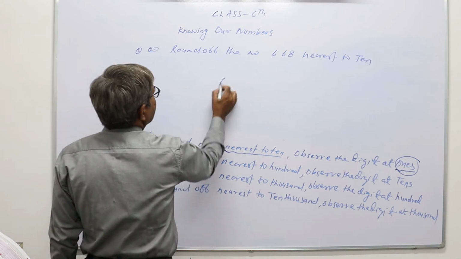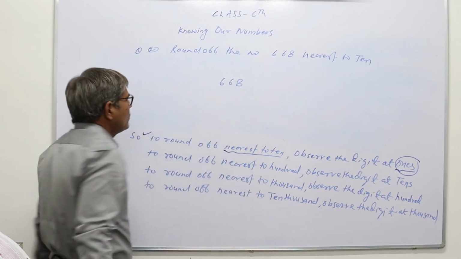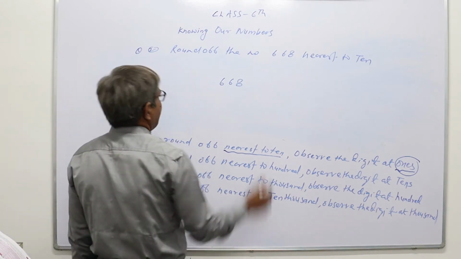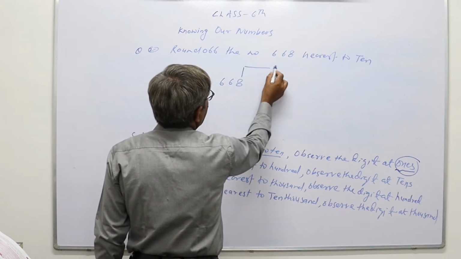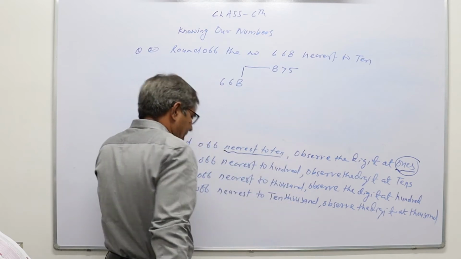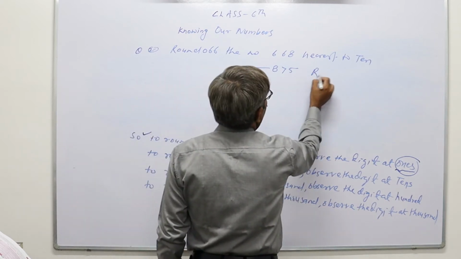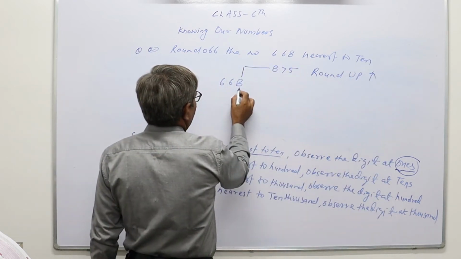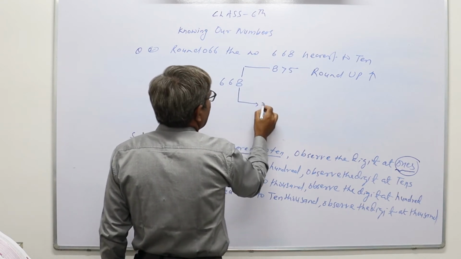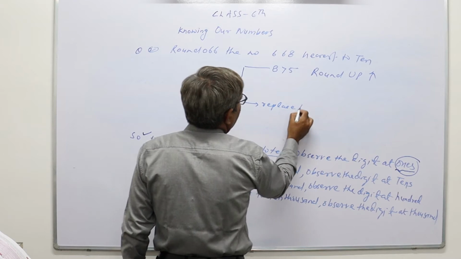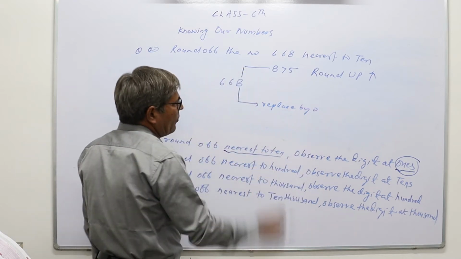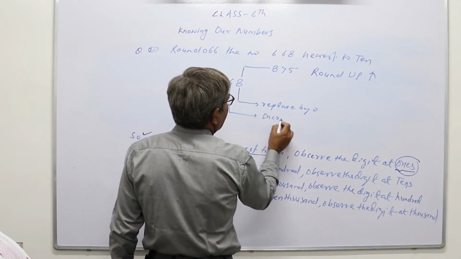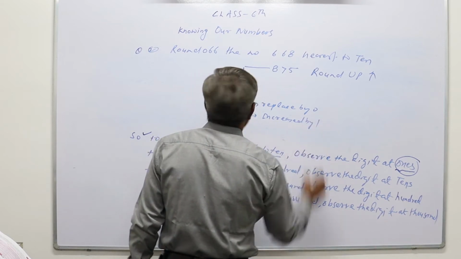So let us see the number 668. To round off to the nearest 10, first we will observe the digit at ones. Here the digit at ones is 8 and 8 is greater than 5. So we will round up. So this ones place digit will be replaced by 0 and we have to round up, so the tens digit will be increased by 1.